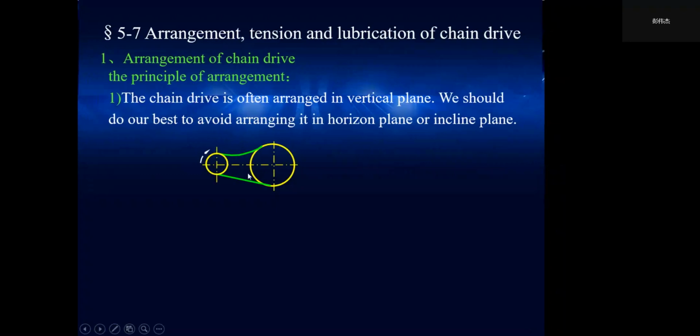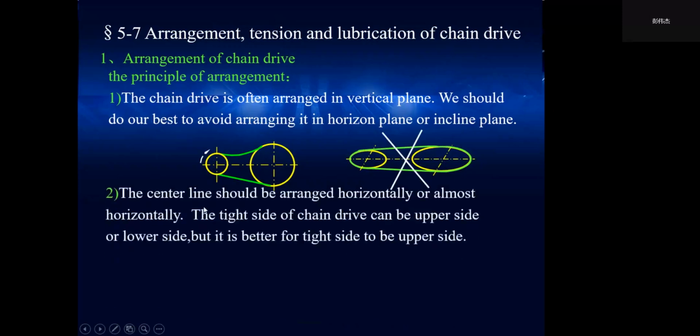First, the chain drive is often arranged in a vertical plane. We should do our best to avoid arranging in a horizontal plane or inclined plane. And second, the center line should be arranged horizontally or almost horizontally.